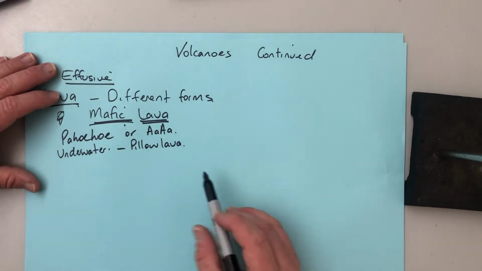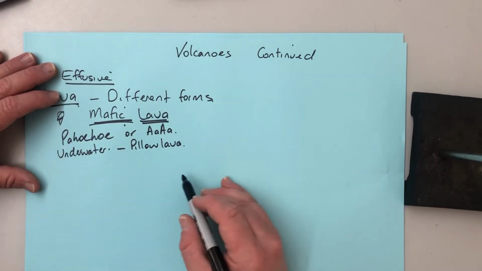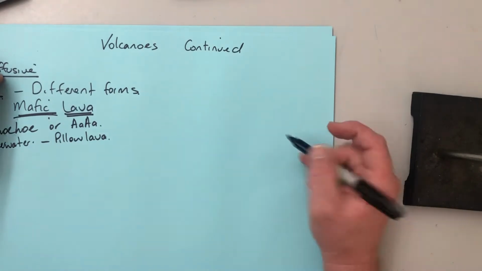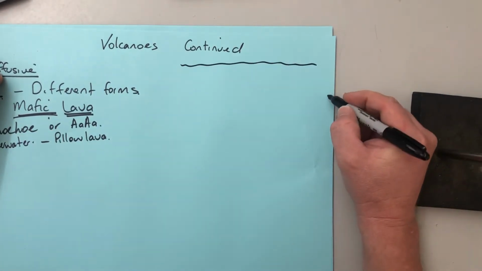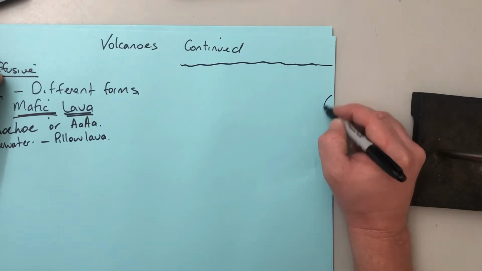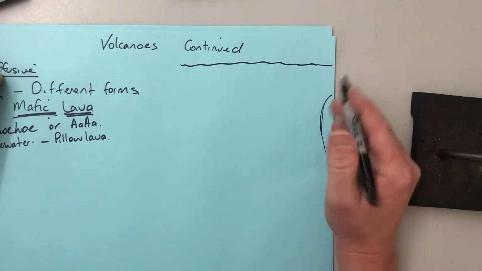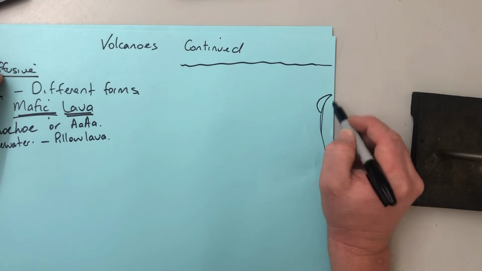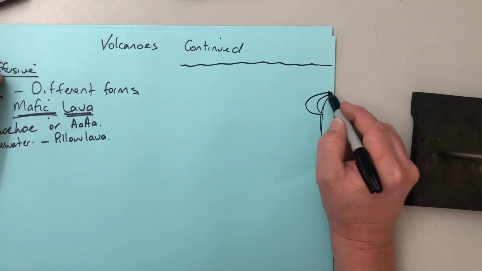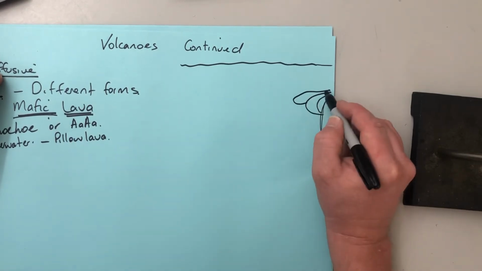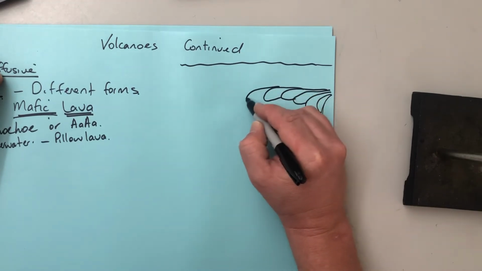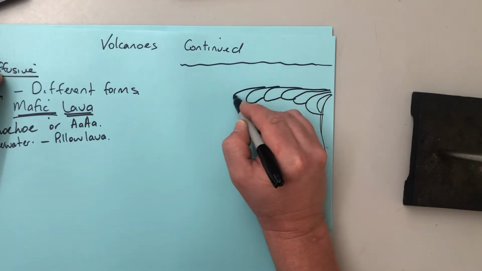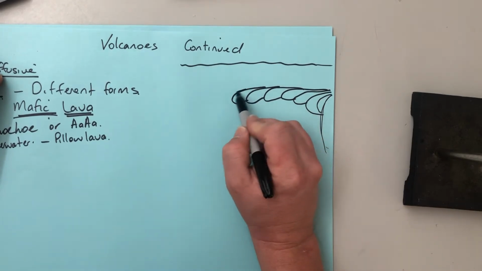And pillow lava sort of forms in these, how can I describe it? Let's draw it over here. We'd have the surface of the water, and we would have a small vent underwater. And lava makes its way out, but as it makes its way out, it cools virtually instantly. So more lava flows over, and you end up with these round pillows.